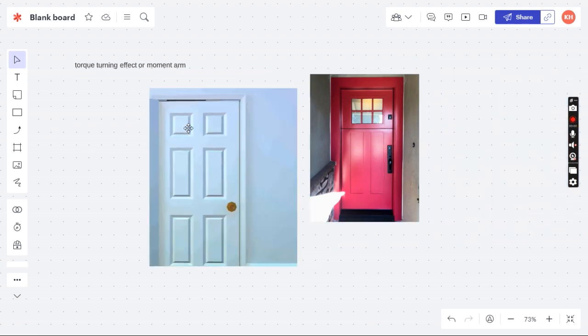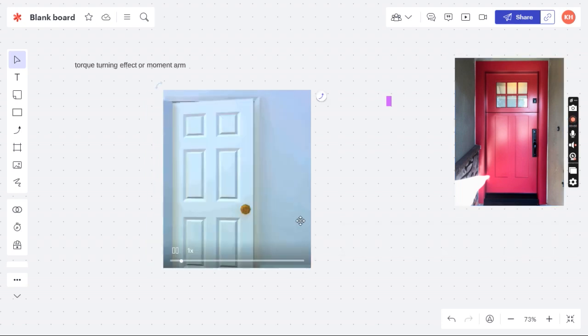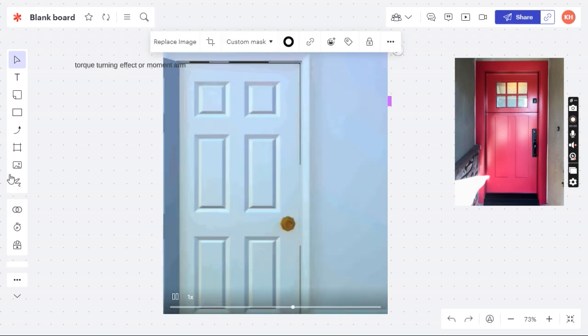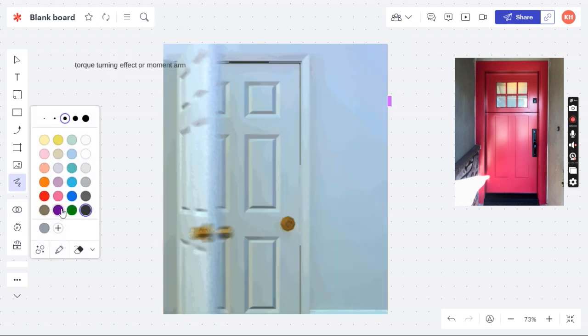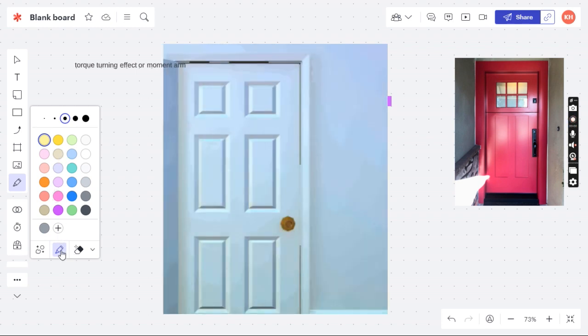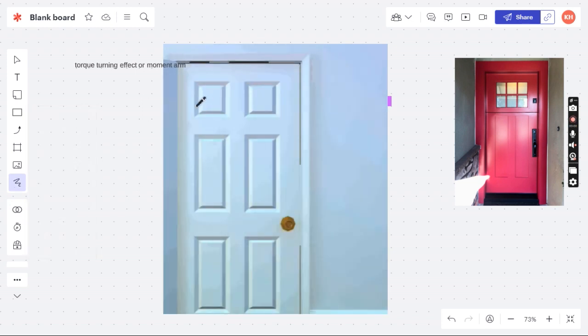Let's just bring it here and increase the size. Okay, so we're going to discuss it. First of all, what you need to focus on here is the entire movement. As you can see here, there is a pivot.